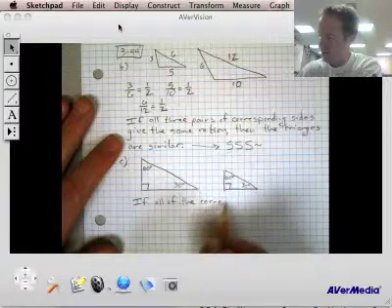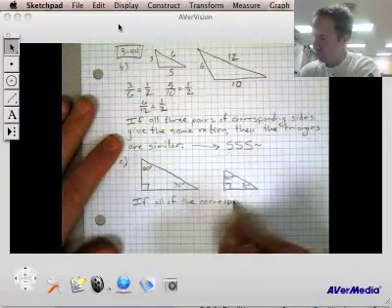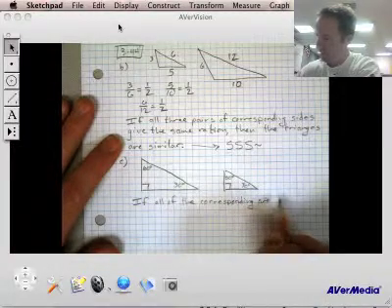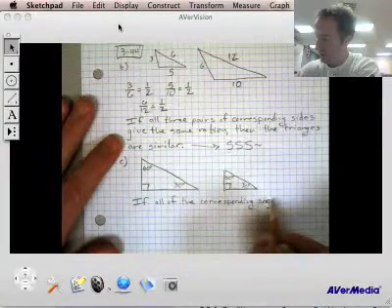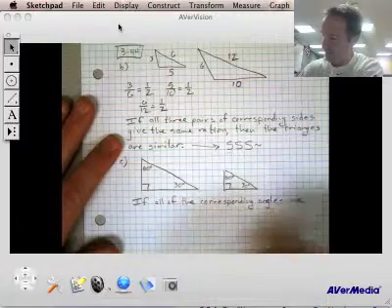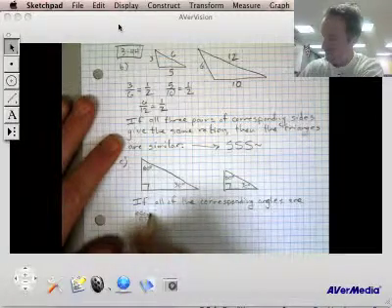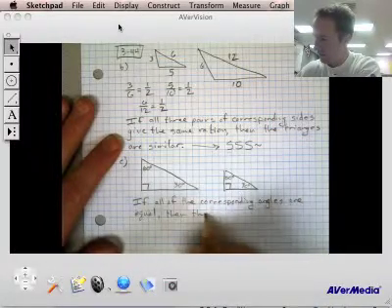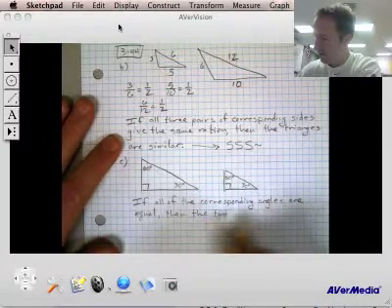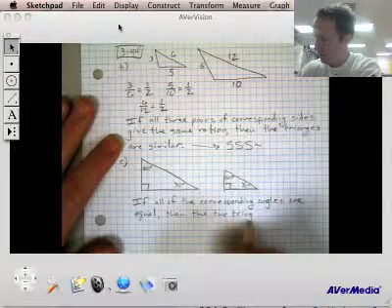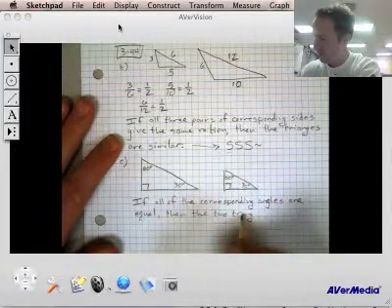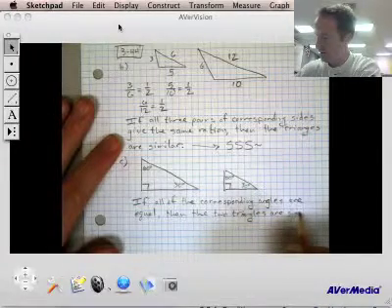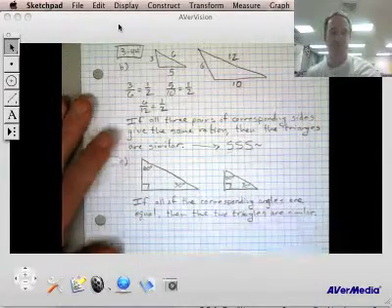If all of the corresponding angles are equal, then the two triangles are similar.